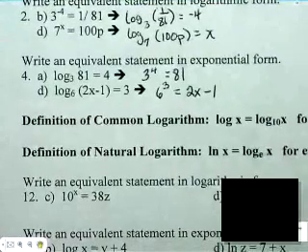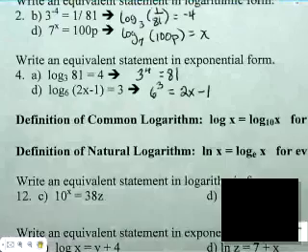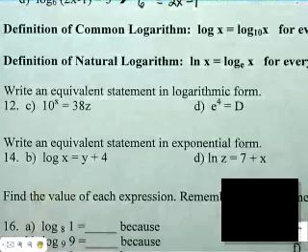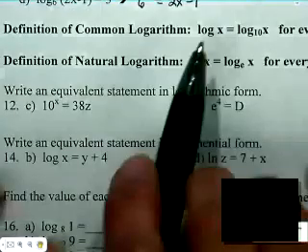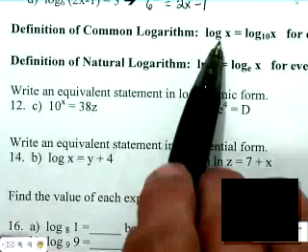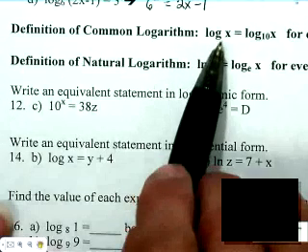All right, there are two logarithms that occur so frequently that they have their own special names, log base 10 and log base e. Log base 10 is called a common logarithm. If you see log without a written base, that base is understood to be 10.